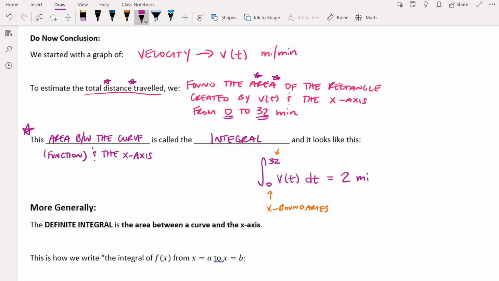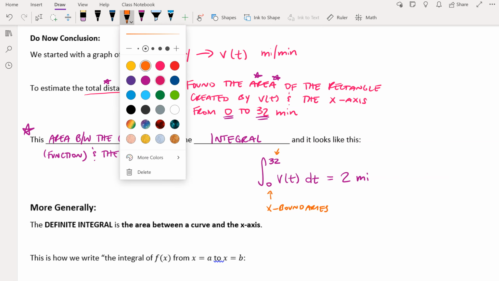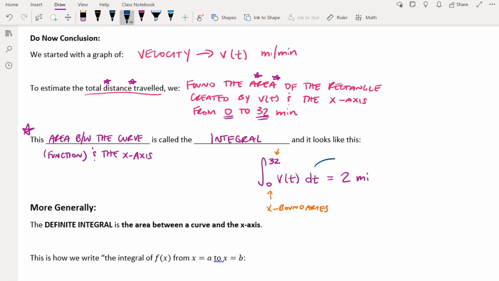All right, I want you to make sure that you have the sentence starting with this area between the curve, and then make sure you draw the integral symbol. You know what an integral looks like. Let's also note that this means with respect to t.